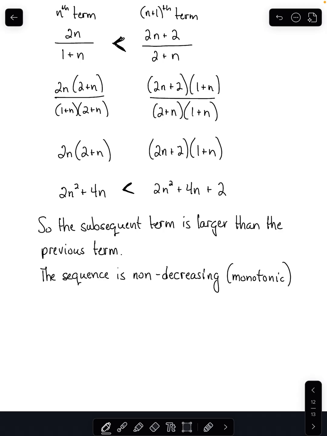Now, the last concept that we need to talk about here is the idea of a sequence being bounded. There are three parts to this definition.